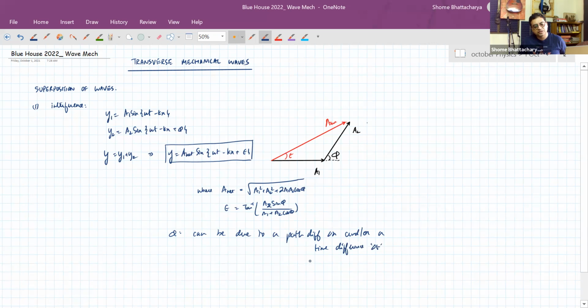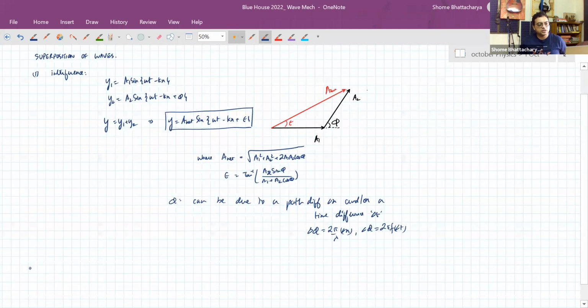So phase difference that is created because of path difference is given by 2 pi by lambda into delta x, and phase difference that is created because of time difference is given by the corresponding formula. We had seen a couple of problems based on this, so we'll see another example later.